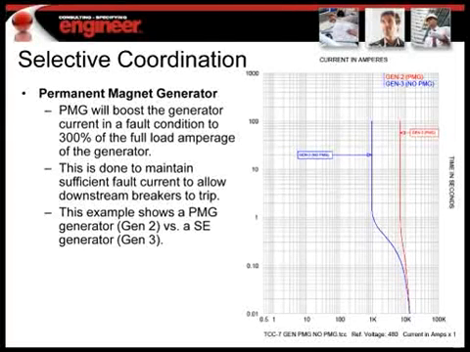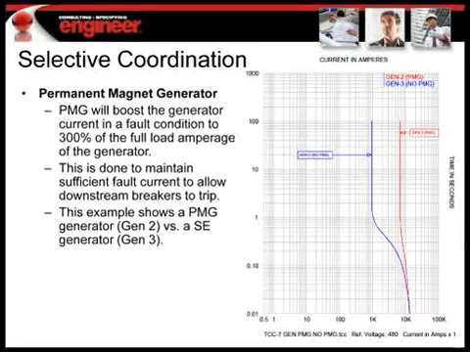Okay, so back to the PMG. The benefit of a PMG from a coordination standpoint is that the PMG will boost your fault current during a fault event to 300% of your full load amps. If you look at this TCC, we have 2 identical generators, one with PMG and one without.